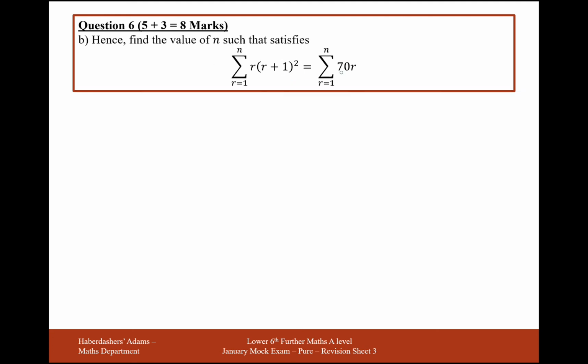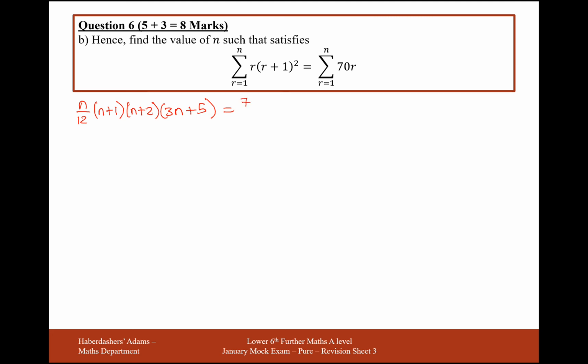Part B asks for us to find the value of n such that this summation works. Okay, so on the left hand side, we're going to have, as we had before, n over 12, n plus 1, n plus 2, 3n plus 5. And on the right hand side, we're going to have the formula for the series of 70 times the sum of r.